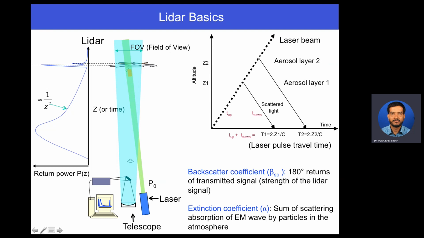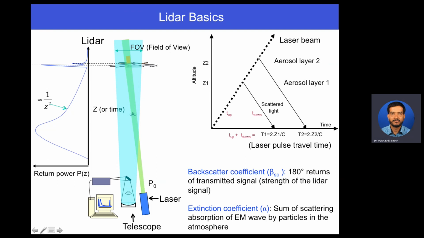The right panel shows the schematic diagram of how lidar works. For example, with respect to the normal, or with respect to horizontal, there is an angle of the transmitted beam, and the transmitted beam encounters the different layers of the atmosphere, let us say layer 1 and layer 2.